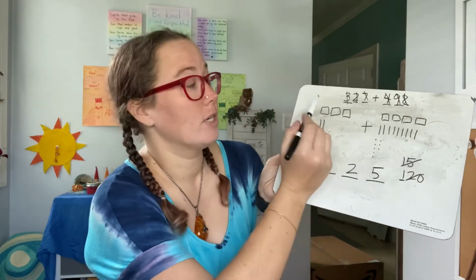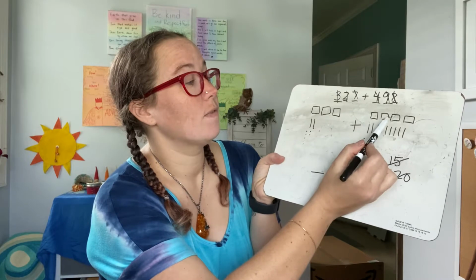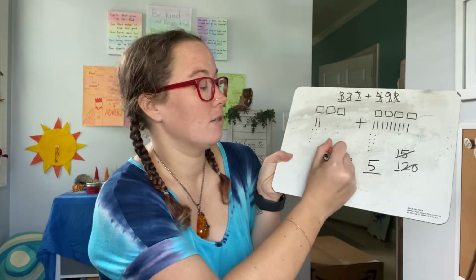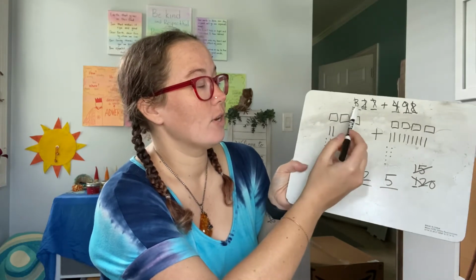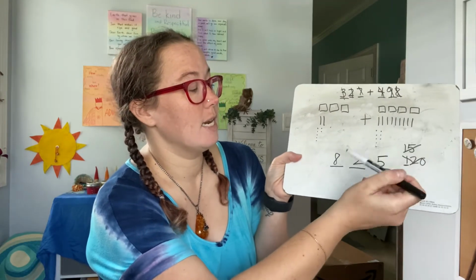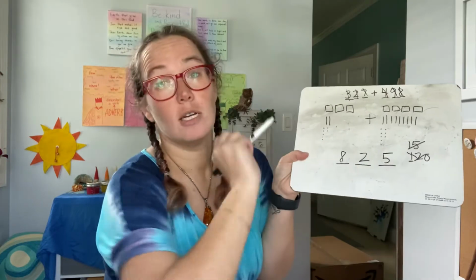So let's count our hundreds. 1, 2, 3, 4, 5, 6, 7, 8. So I'm going to add that last 100 in there, and that means that 327 plus 498 is going to equal 825.